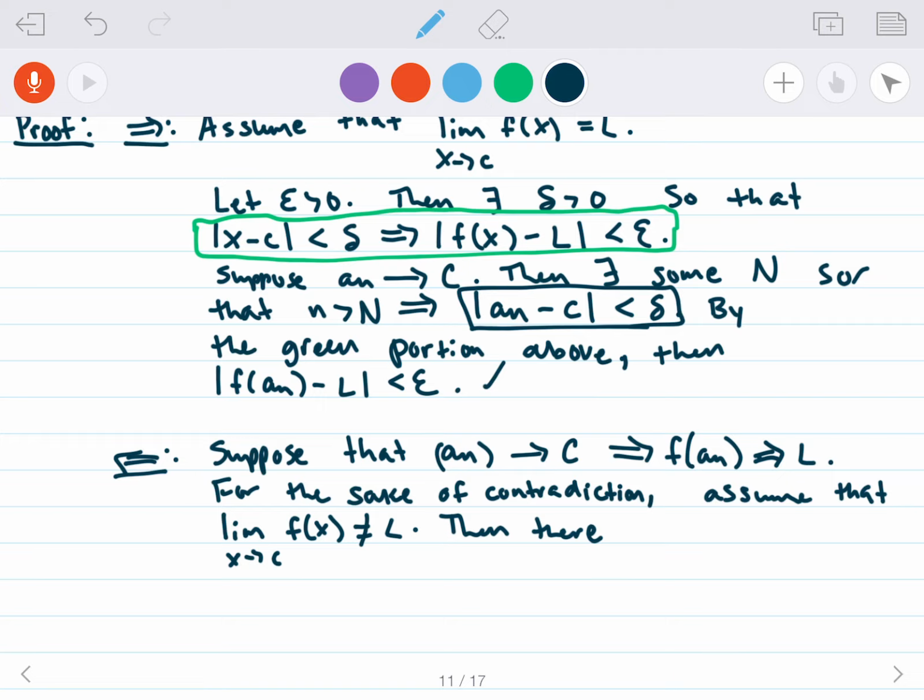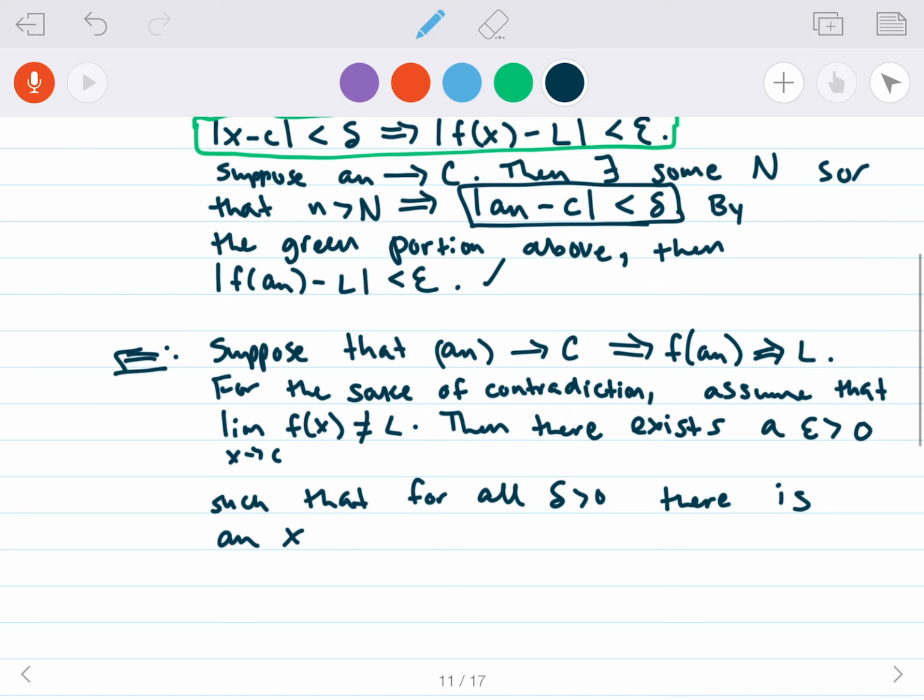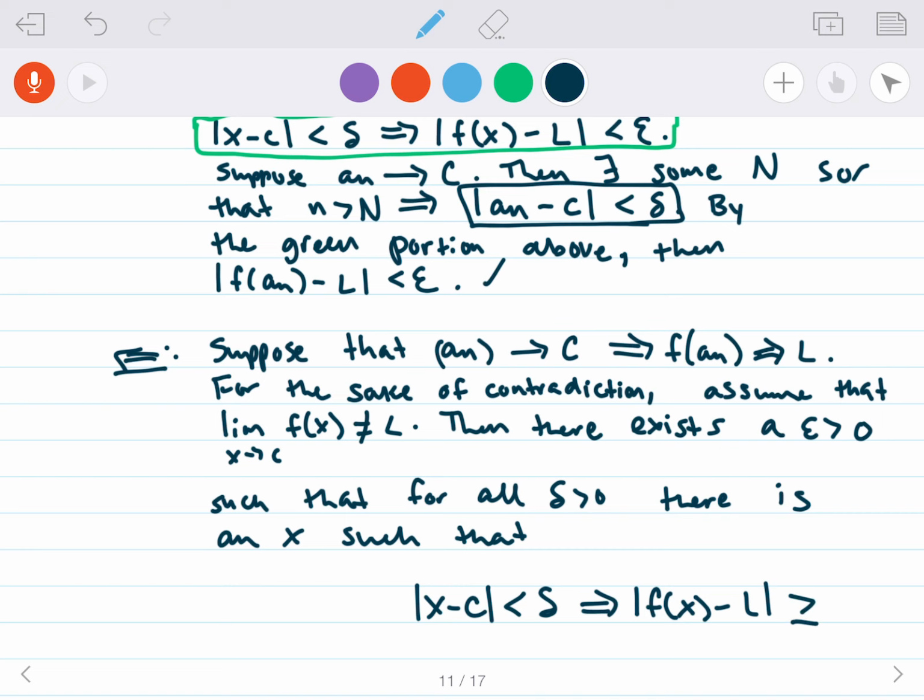And so to negate that for all epsilon there exists a delta, we're going to say that there exists an epsilon bigger than 0, such that for all delta bigger than 0, there is an x such that when x minus c is in the neighborhood, f of x minus the limit is not less than epsilon, we're negating it, bigger than or equal to epsilon.